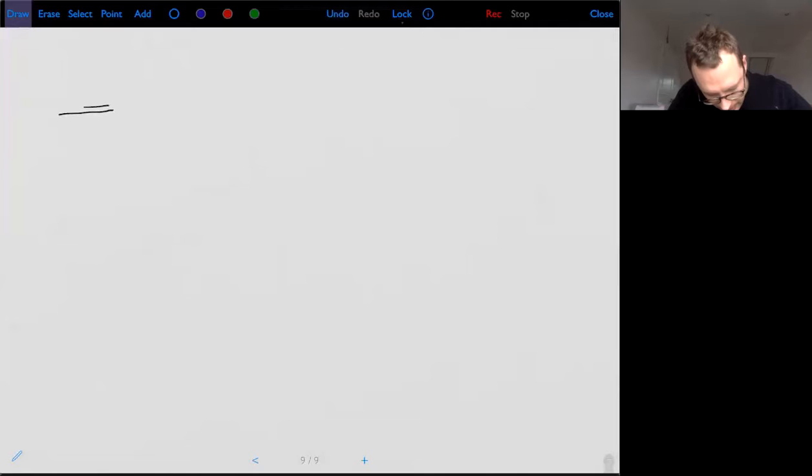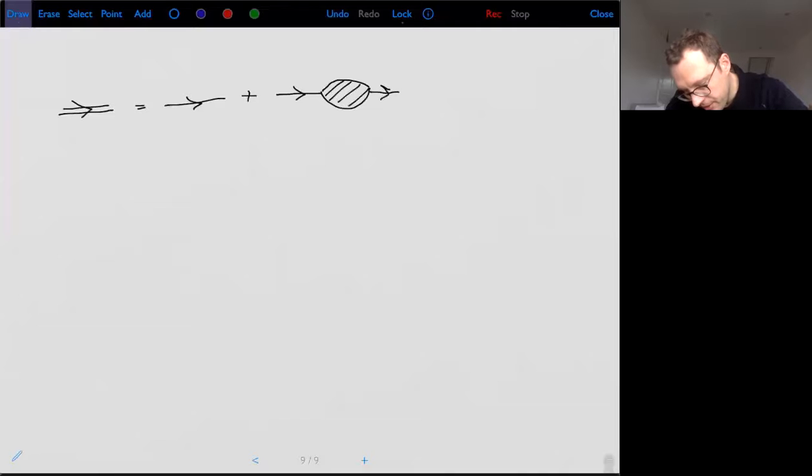So I have my expression for the Green's function. And well, there's a non-interacting Green's function. And now I basically replace sigma tilde by sigma, and that generates an infinite series, of course, right?